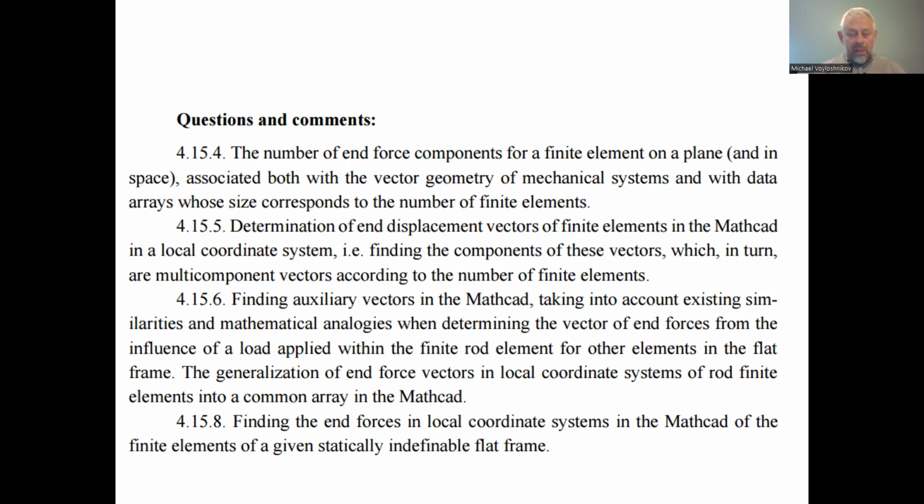First, we have to determine the displacement of the finite elements. This means the displacements of the ends of each of the 2 ends of the rod finite element in the global coordinate system if we have the displacement of the nodes.